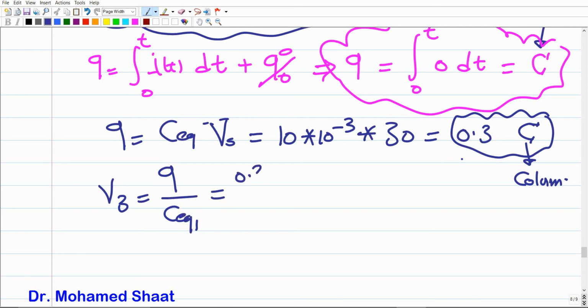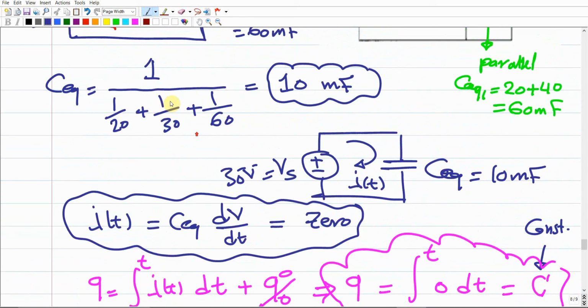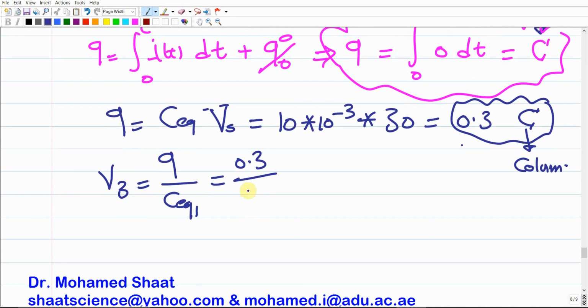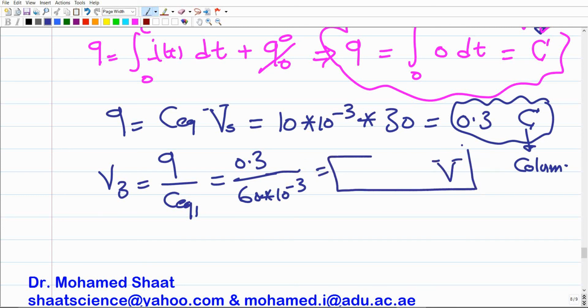This is going to be 0.3. We got C equivalent up there as 60 microfarad, right? So you divide by 60 times 10 to the negative 3. If we did the calculation, V3 in volts is going to be 0.3 divided by 60 times 10 to the negative 3. This is going to give us 5 volts.